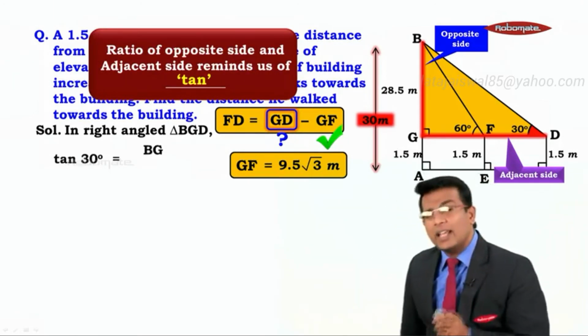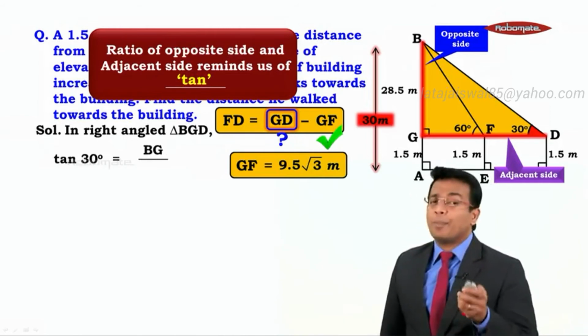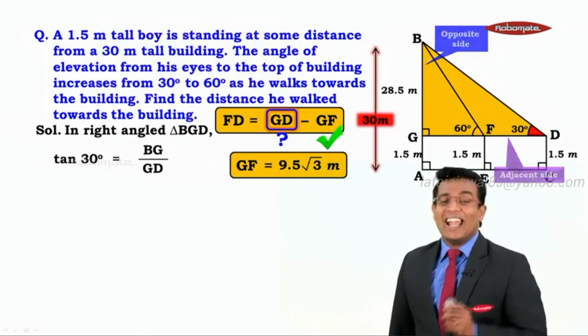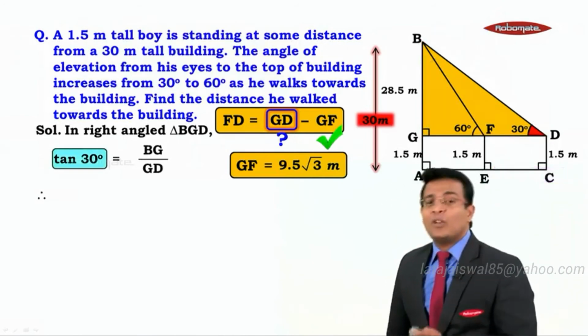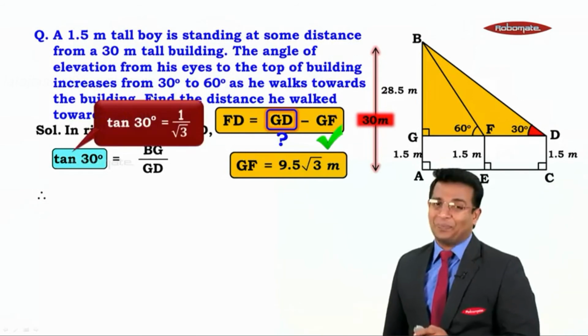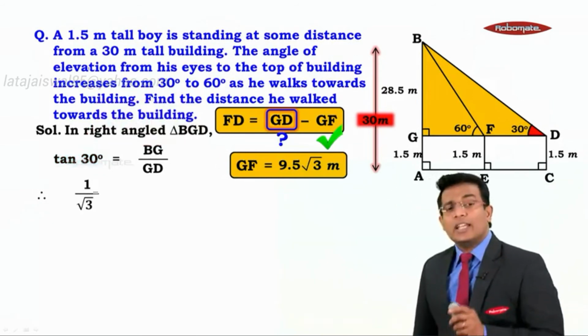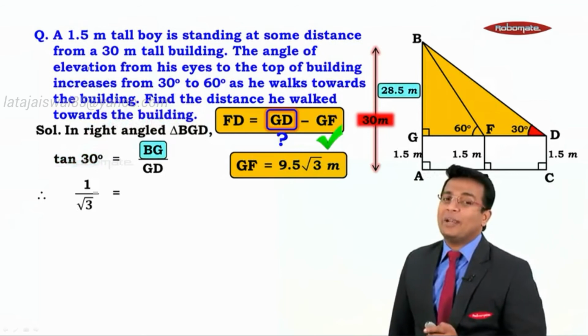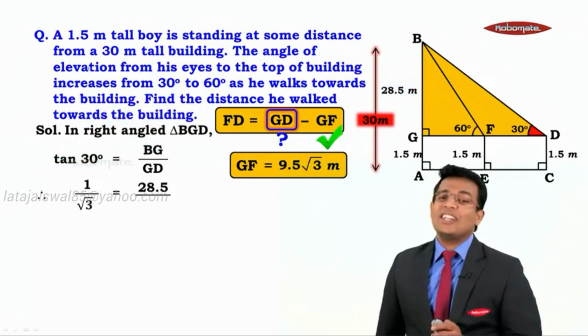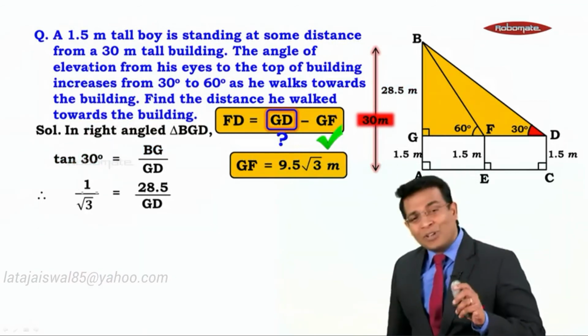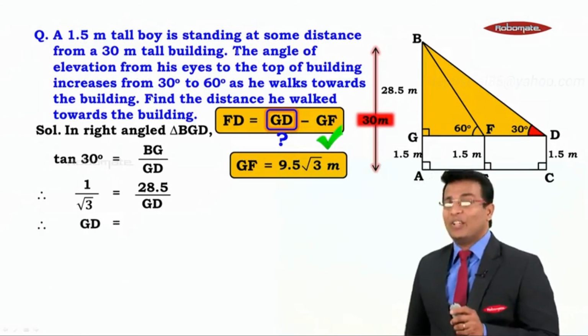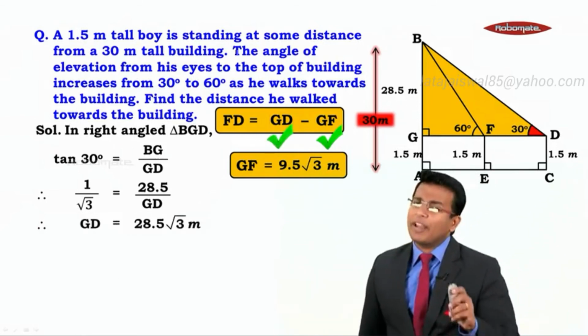Right here, tan of 30 is equal to the opposite side BG upon the adjacent side, that is GD. And tan 30 from the table is nothing but 1 upon root 3. So we write 1 upon root 3 is equal to 28.5 upon GD. Now we cross multiply, and we get GD is equal to 28.5 into root 3.